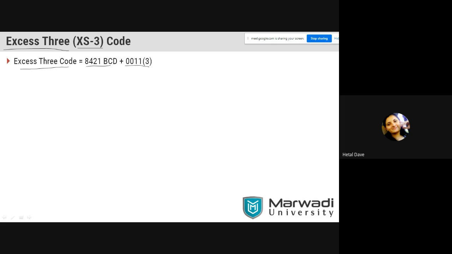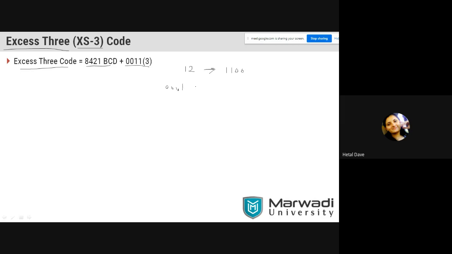Now what is the meaning of it? So let's say I am talking about 12. 12 in binary is 1100. 12 in BCD is 0001 0010. Now what is XS3? First of all we will consider this BCD and we will add 3, which means 0011, to each and every BCD code.